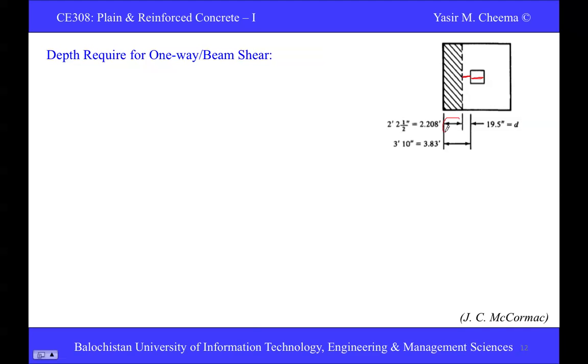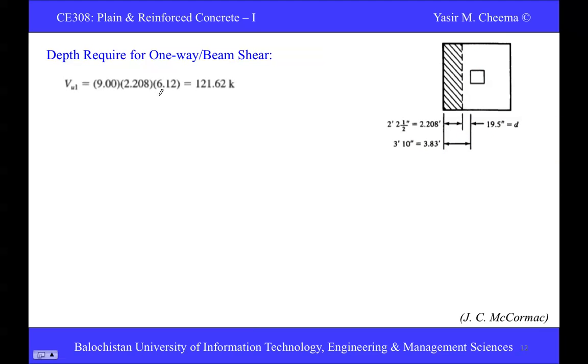This dimension would be from the center to the extreme corner, which is half of 9 foot, that is 4.5 feet. So the remaining dimension would be 4.5 feet minus half of the column thickness minus D. That comes to be 3.83 feet.